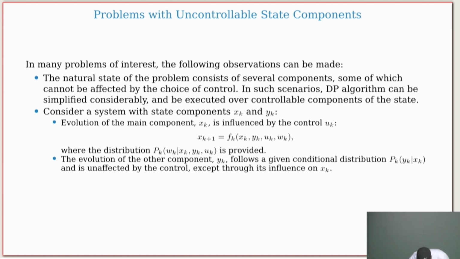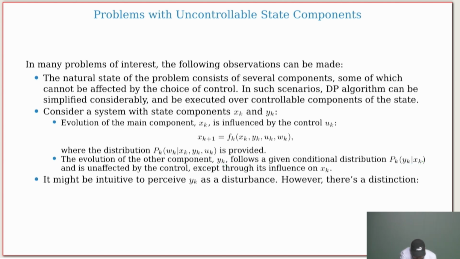The evolution of the other component yk will follow a conditional distribution, and this will be unaffected by the control because it depends only on the state and not on the control. So these are scenarios where some components are control dependent and sometimes not.